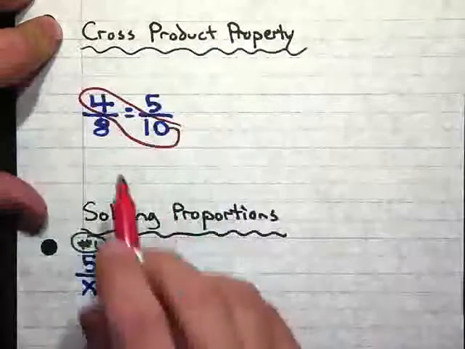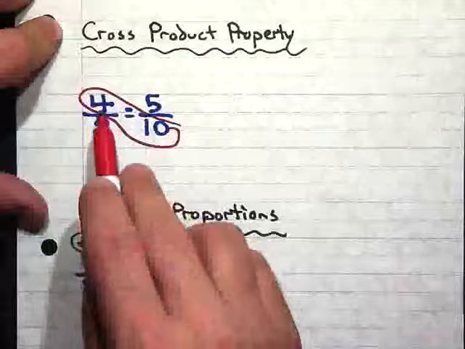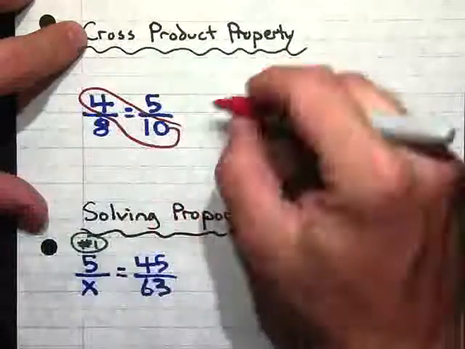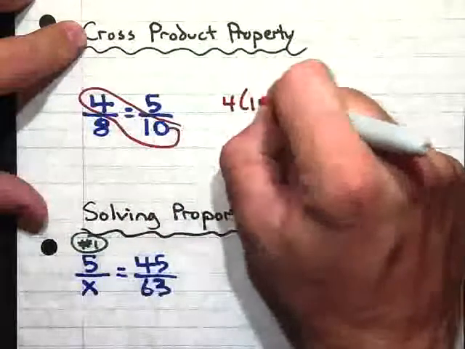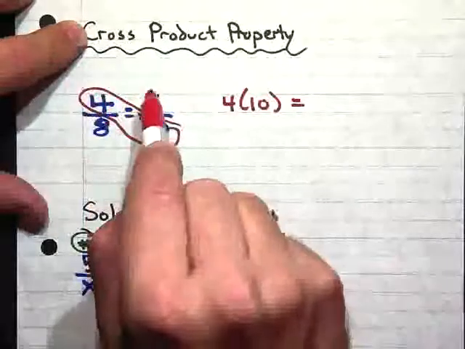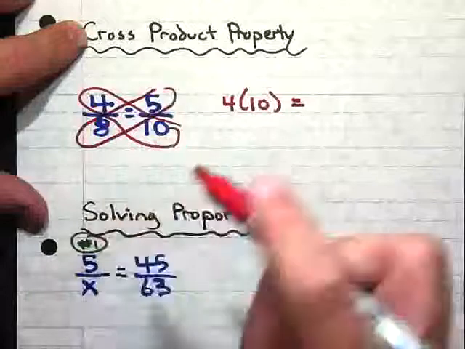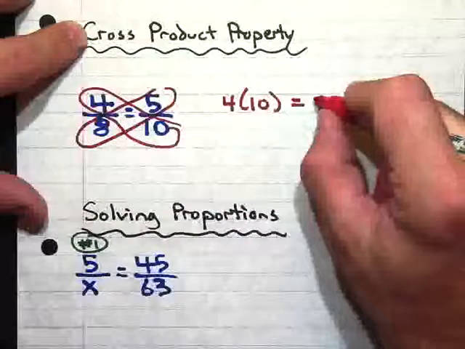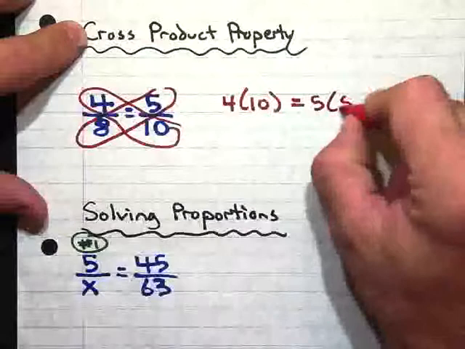We're going to multiply our first diagonal, which is 4 times 10, and set it equal to our other diagonal, which is 8 times 5, or 5 times 8, either way.